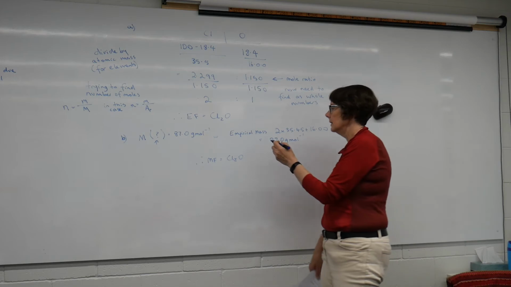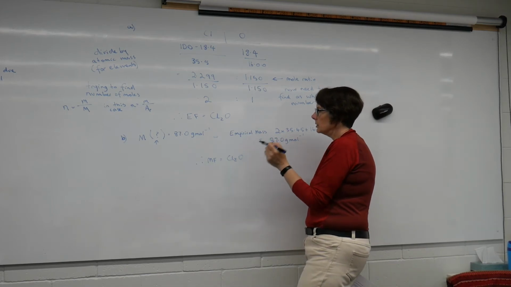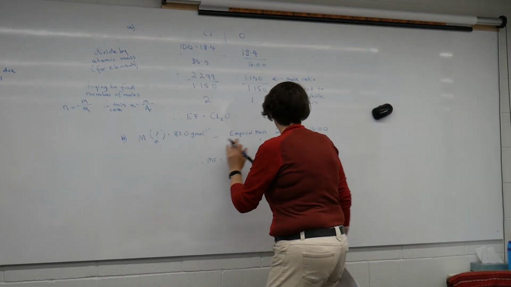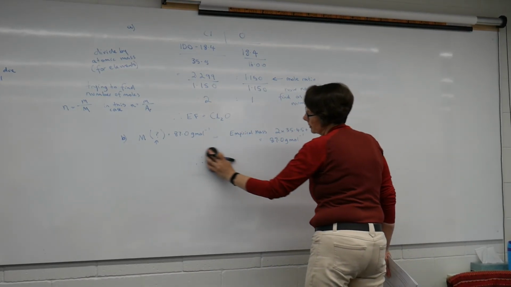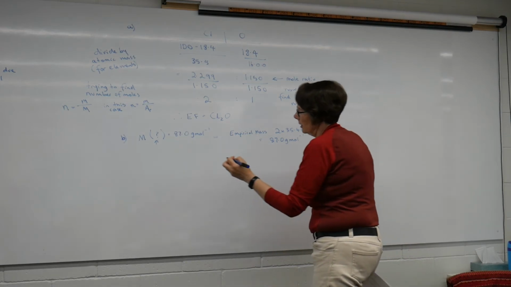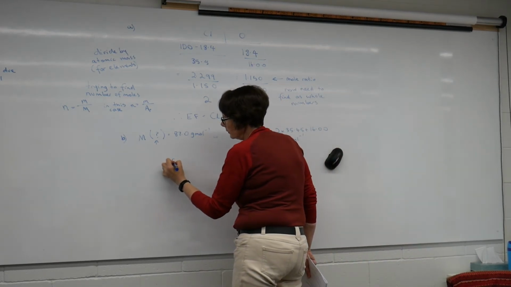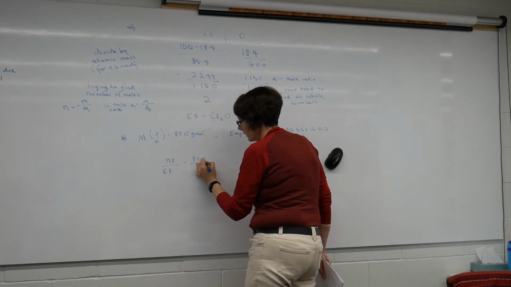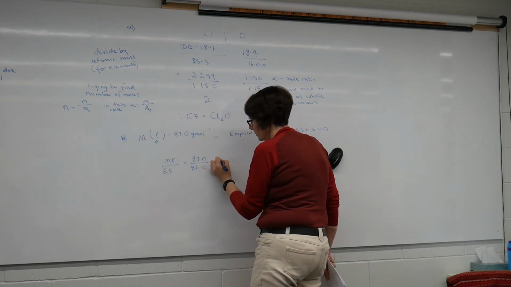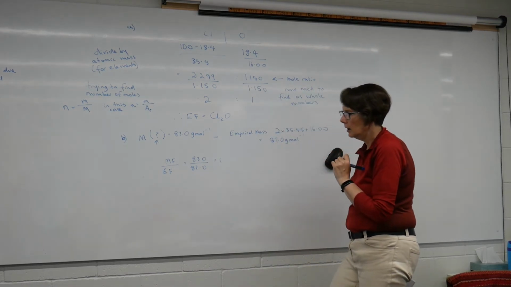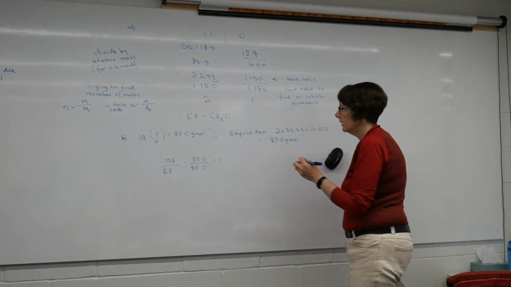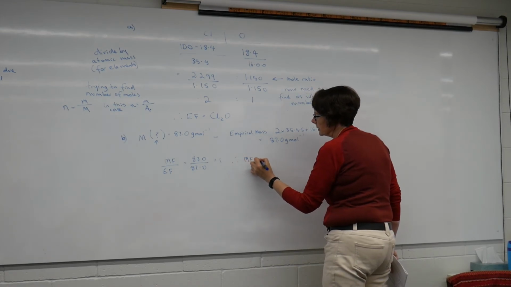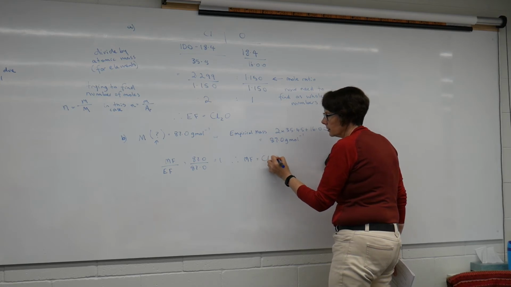But if they weren't, what we do, in fact what I'll do is I'll show you the working step. We're going to divide the molecular formula by the empirical formula. And that is why, therefore, the molecular formula is Cl2O.